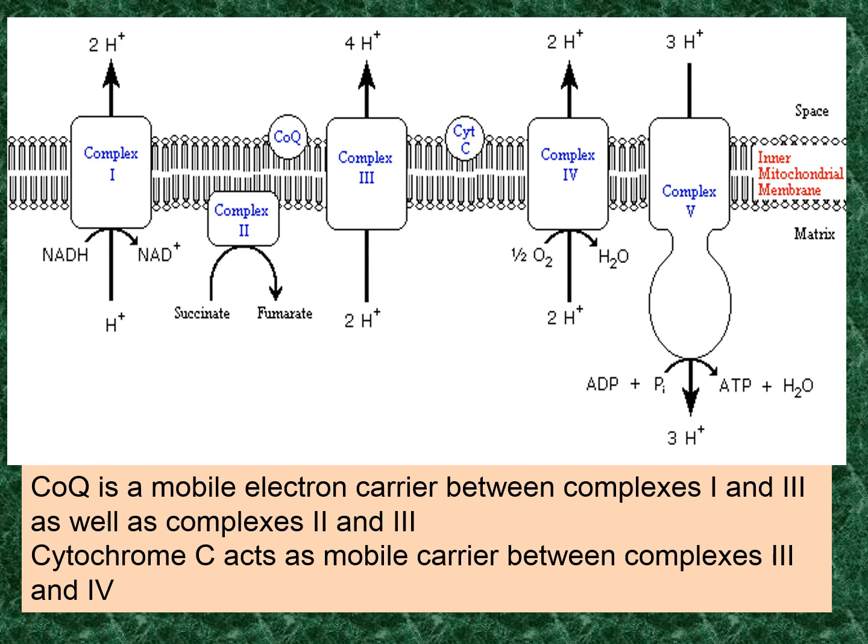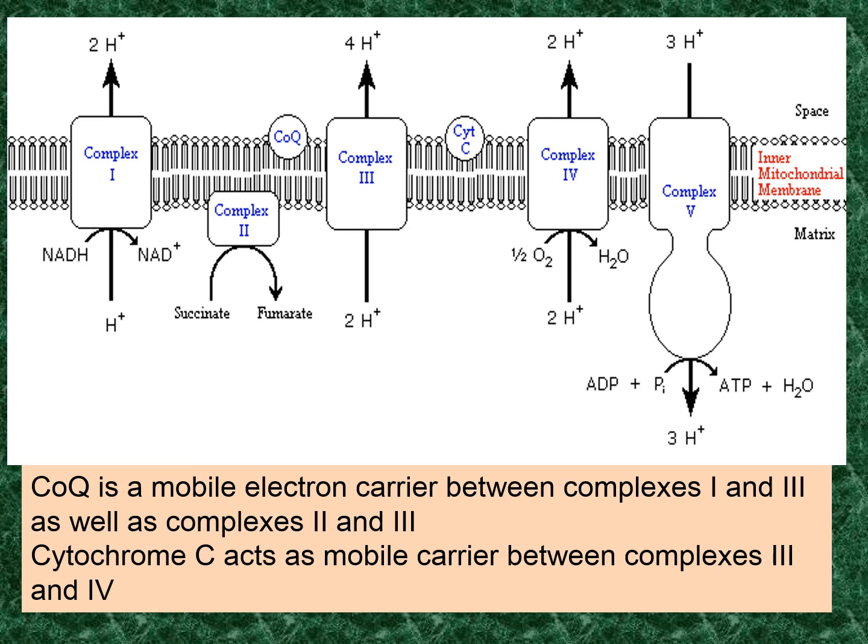While all these enzyme complexes are somewhat stable, there are mobile electron carriers also. One is coenzyme Q. It is a mobile electron carrier that operates between 1 and 3 as well as 2 and 3. There is another mobile electron carrier called cytochrome C. It is a mobile electron carrier that acts between 3 and 4.